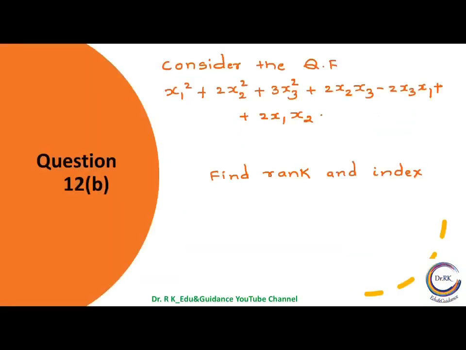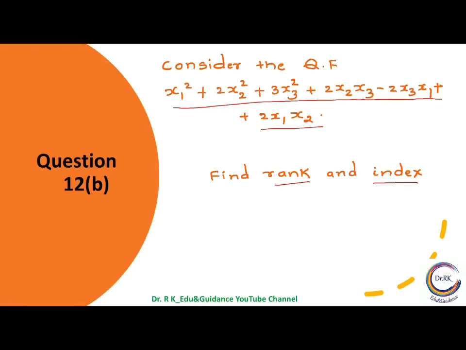Next one is to consider this quadratic form x1 square plus 2x2 square plus 3x3 square plus 2x2x3 minus 2x3x1 plus 2x1x2, and hence find its rank as well as index.